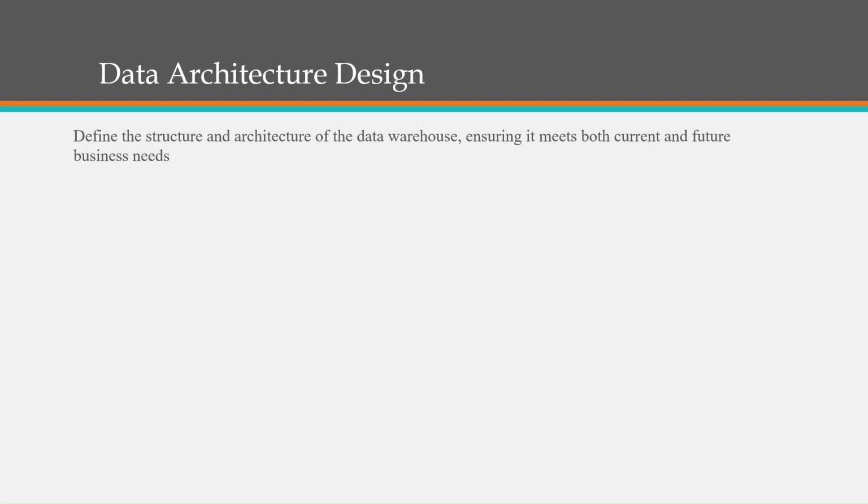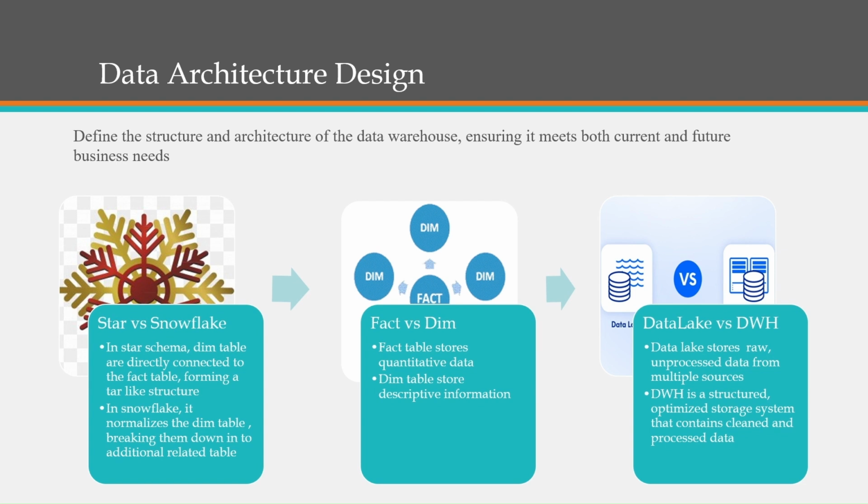The way your data is architected impacts how easily it can be queried, analyzed, and used for decision-making. I am going to explore different data architecture concepts, including the star schema versus snowflake schema, the distinction between dimensional and fact tables, and how a data lake differs from a data warehouse.